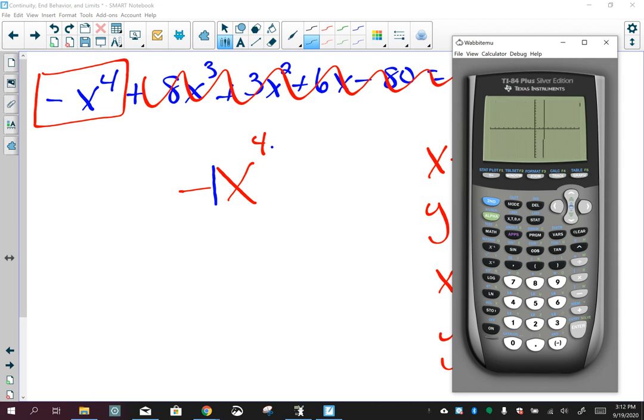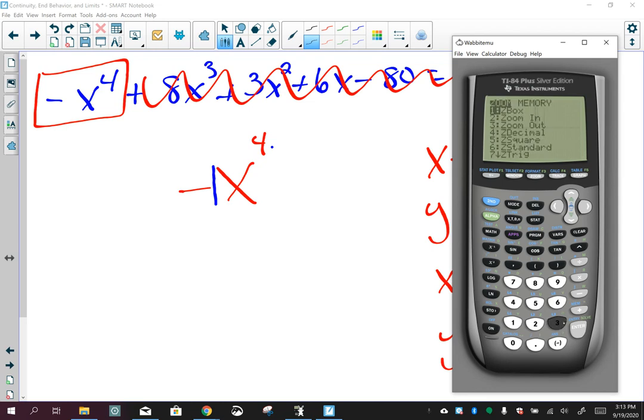Hit graph. All right, so I can't see anything. So I've got to zoom this out. So we're going to go zoom 3. Still kind of hard to see.